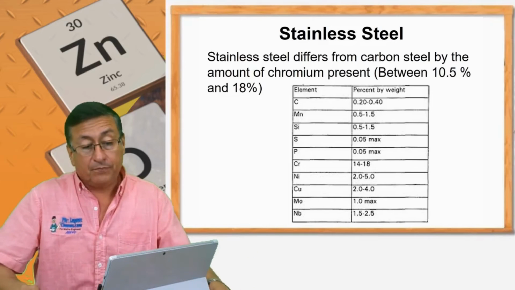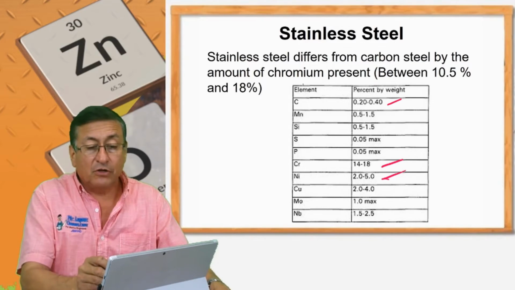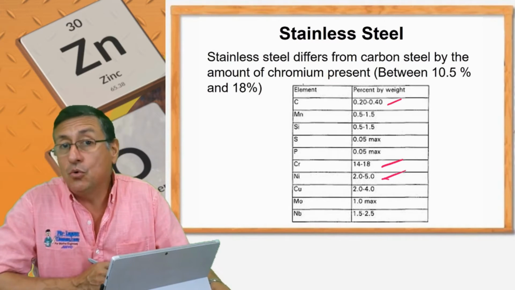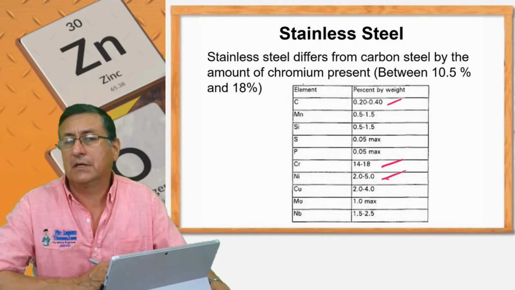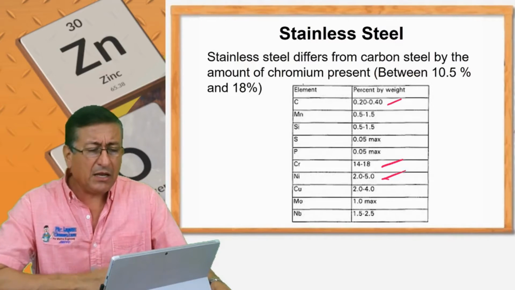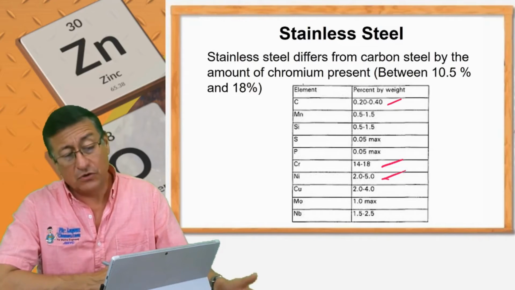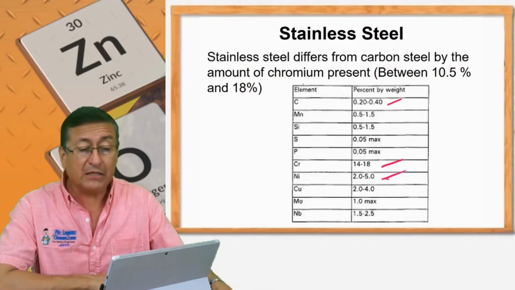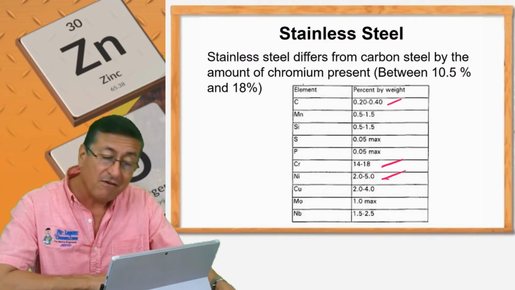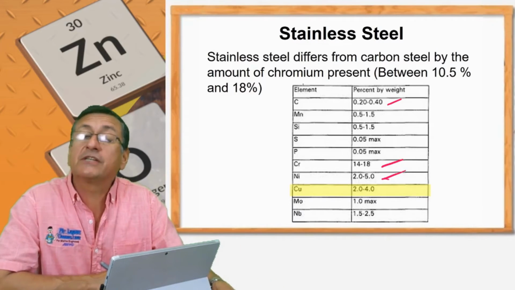Okay, stainless steel also has other components. You see, carbon, of course, between 0.2 and 0.4%, really less than 0.2. And manganese, silica, sulfur, it's not too much, 0.05% maximum. Copper between 2 and 4%.